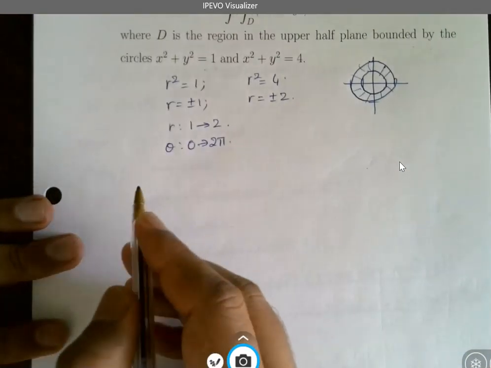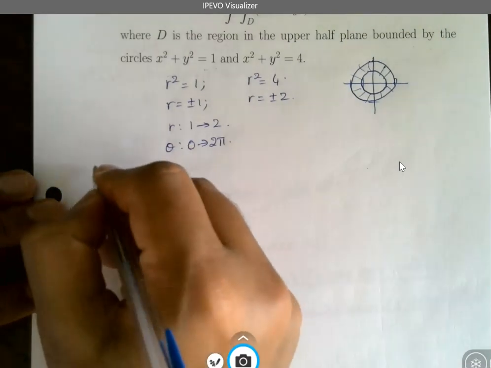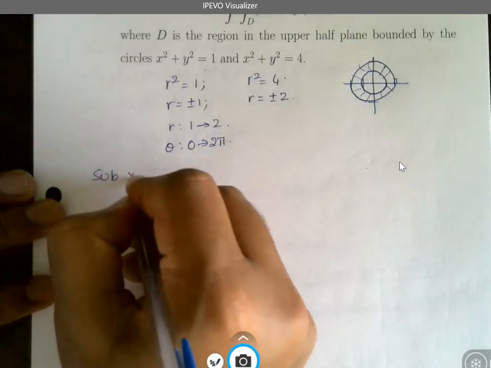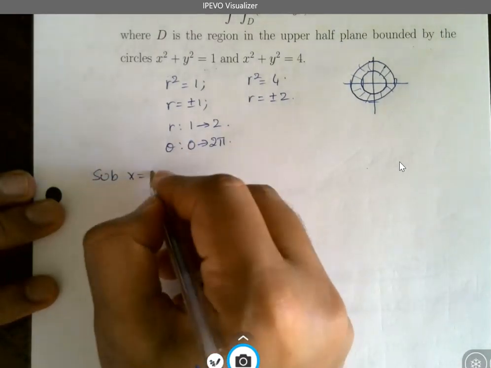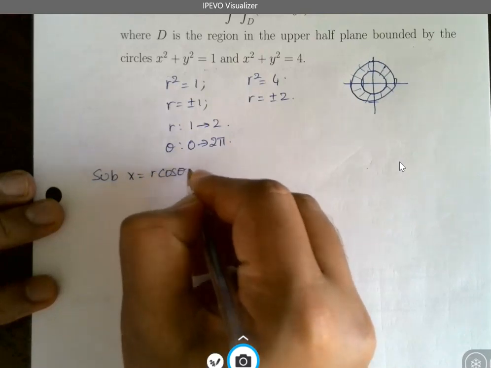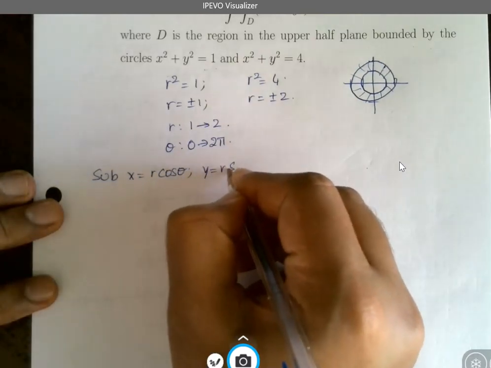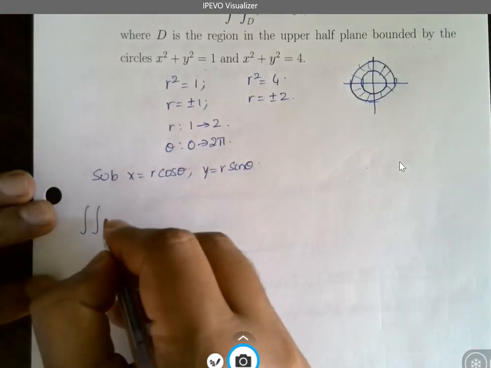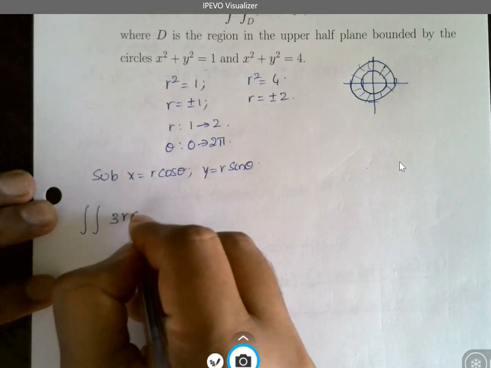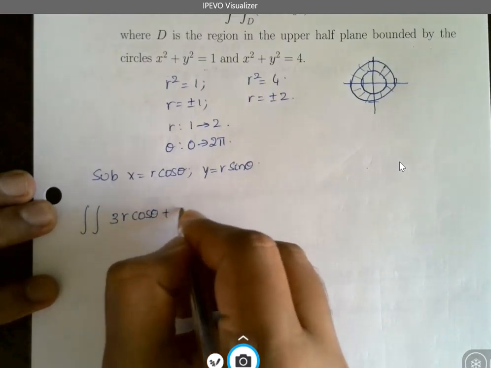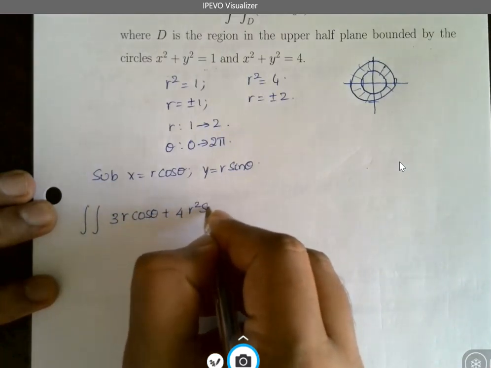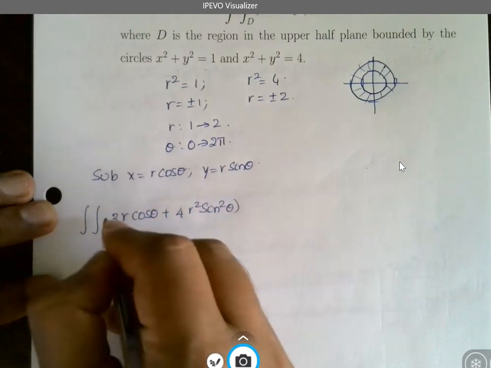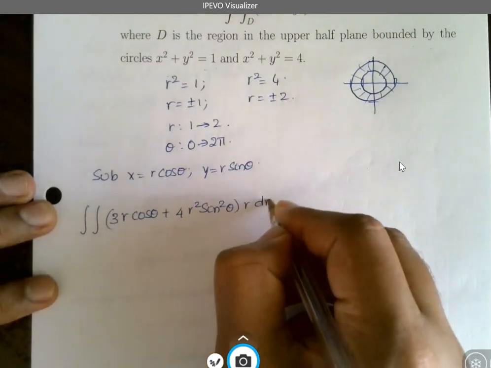So now what am I going to do? I'm going to substitute x equals r cosine theta and y equals r sine theta. So that's the double integral of 3r cosine theta plus 4r squared sine squared theta, and then you replace dA with r dr d theta.